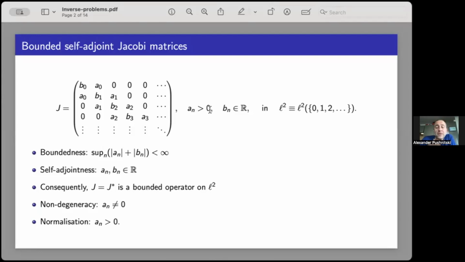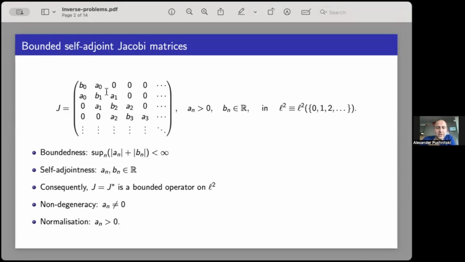I want to comment on this condition. Let me split it into two steps: first that it's non-zero, second that it's positive. The fact that all these A's must be non-zero can be understood like this. Imagine, for example, A1 is 0.